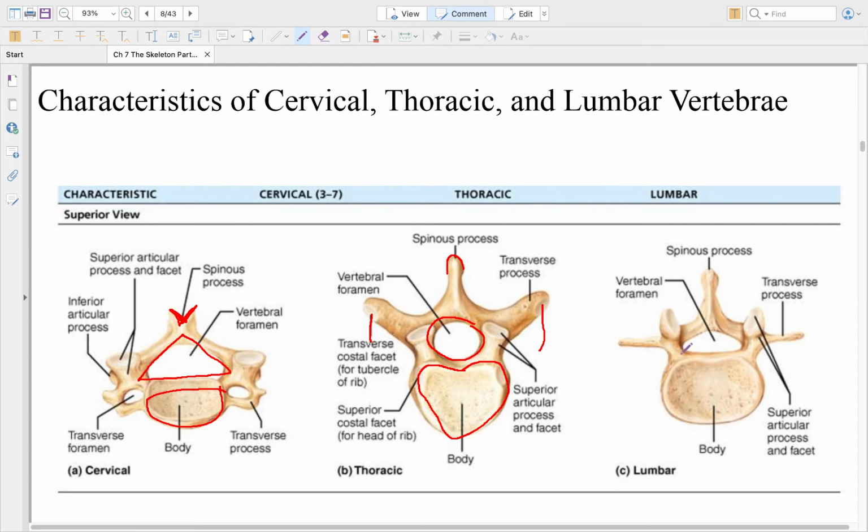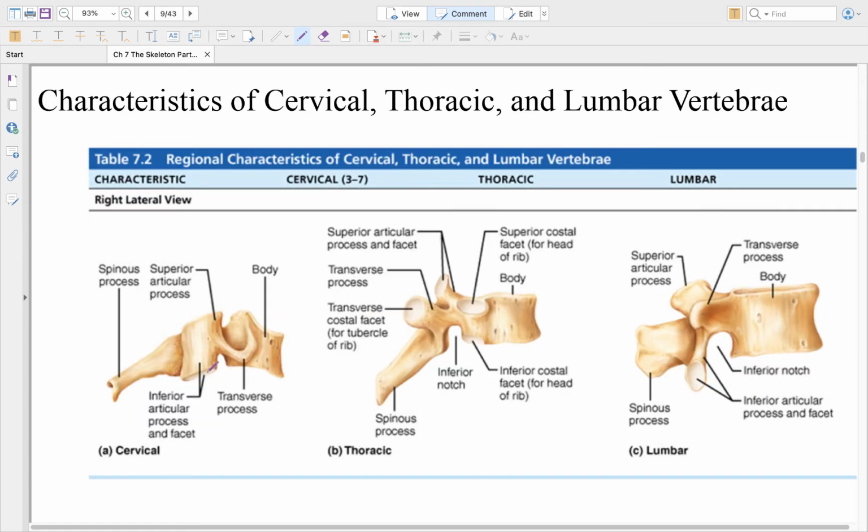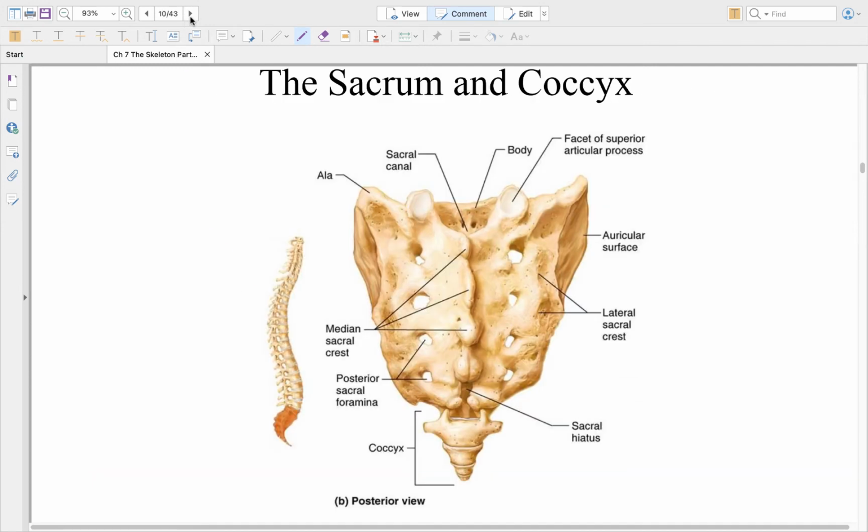The lumbar has a triangular foramen as well, similar to the cervical, but the body is thicker, significantly thicker. You can see that here, see this body versus this big lumbar. So you want to know the characteristics of each and all of the bone markings of each.